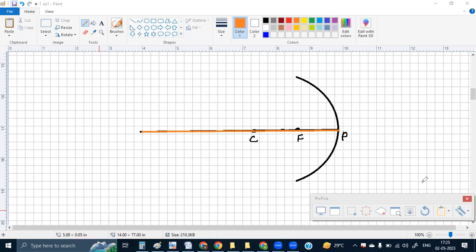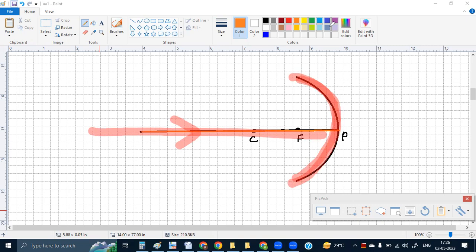All right, we'll come to the definitions which are important. This is a curved surface, so this is a spherical mirror. The rays of light are approaching from the left hand side. Because the curved surface is bending inwards, this kind of mirror is a concave mirror.